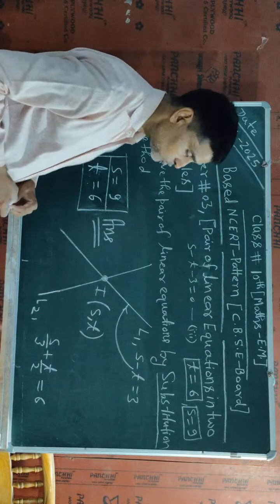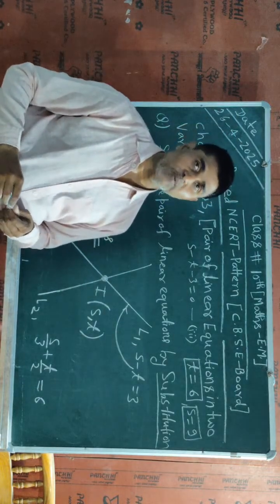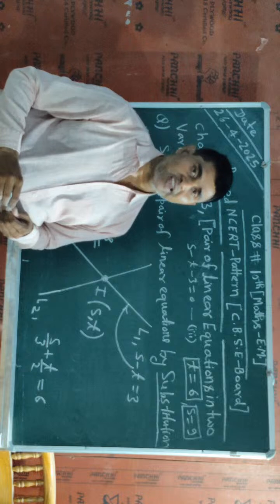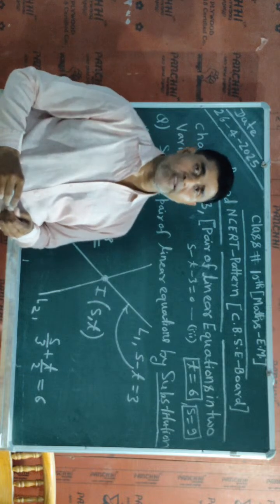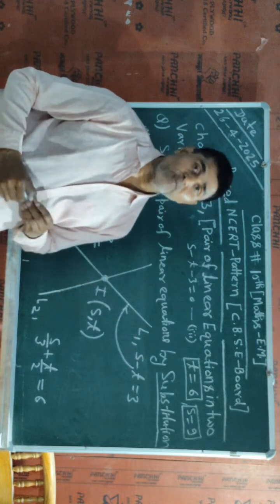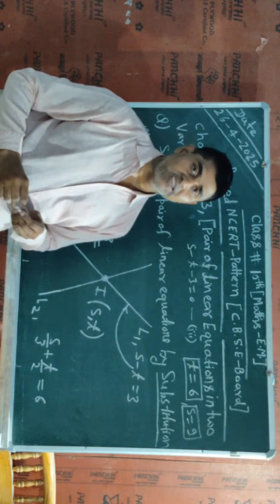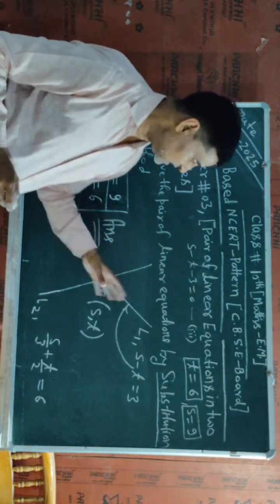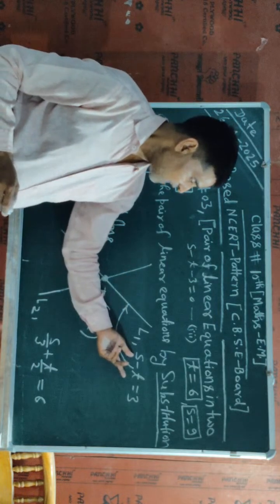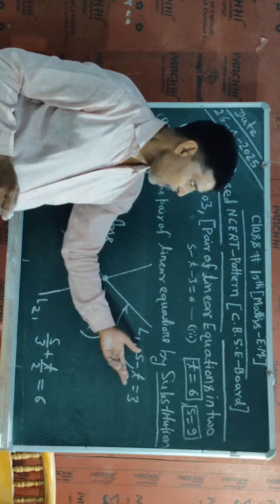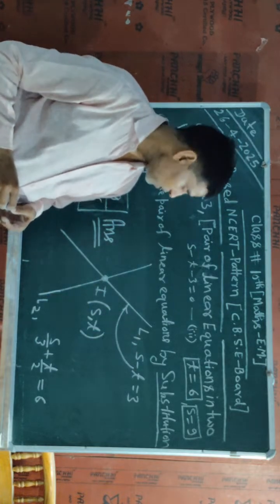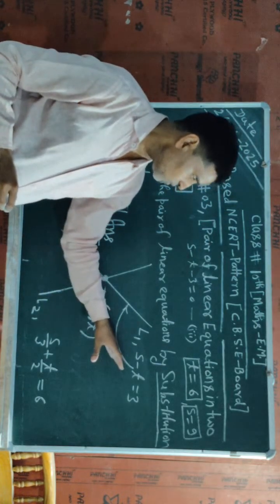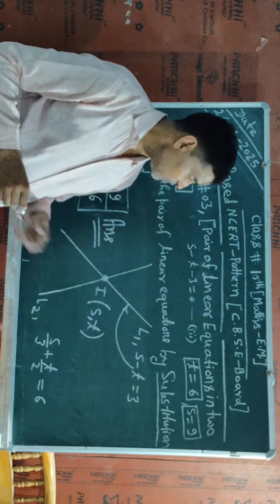Okay, student. So according to this way, I can easily solve a pair of straight lines in two variables, which can be from the alphabet A to J, that is A, B, C up to J. From A to J, I will take any two variables, change them into standard form, and then check the conditions.